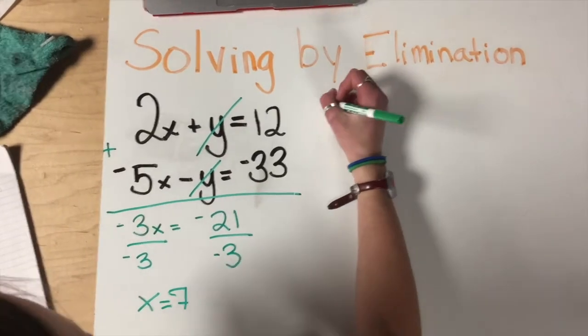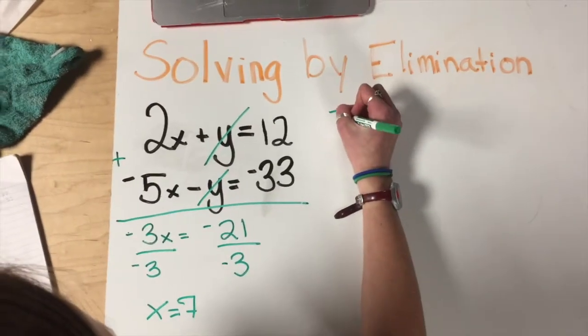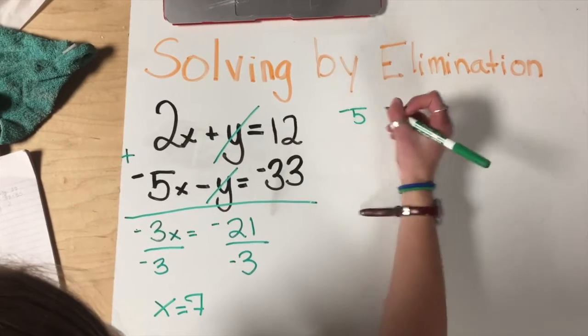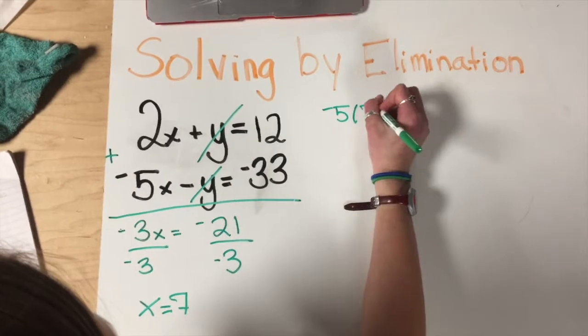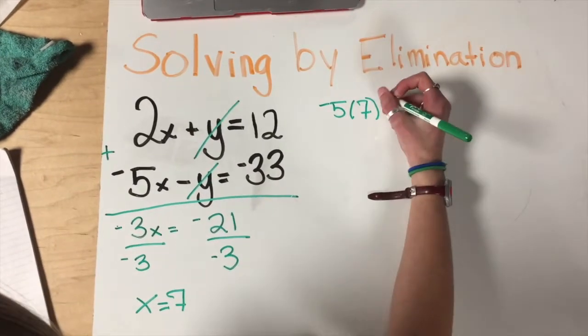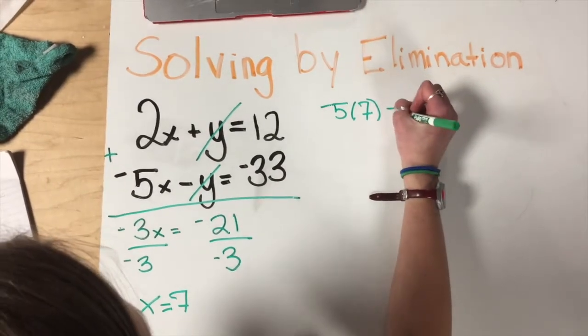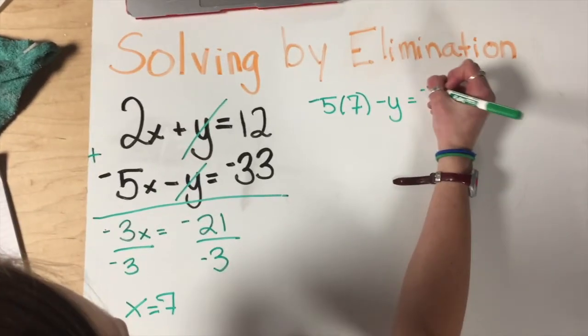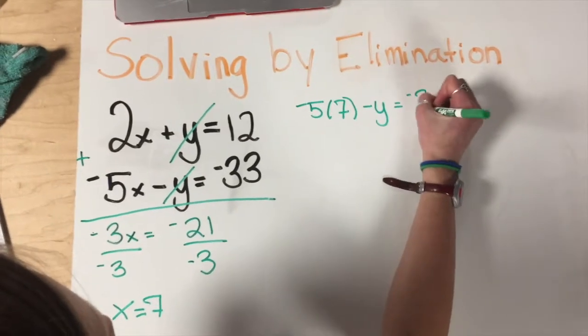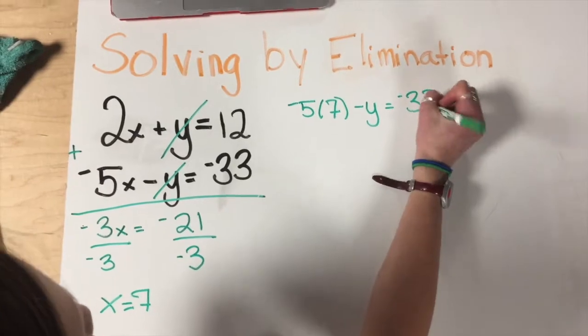Now we're going to plug the x variable back into one of the two equations. You get to pick which equation. So I'm going to pick the second one, which gives us negative 5 times 7, because remember the 7 substitutes for the x value, minus y equals negative 33.